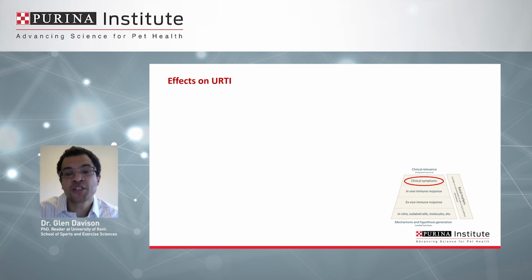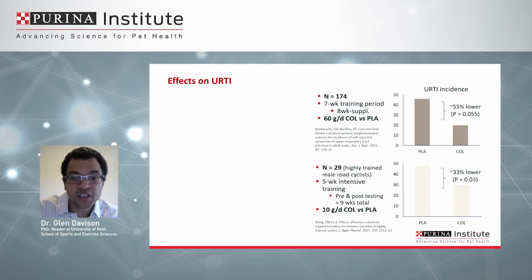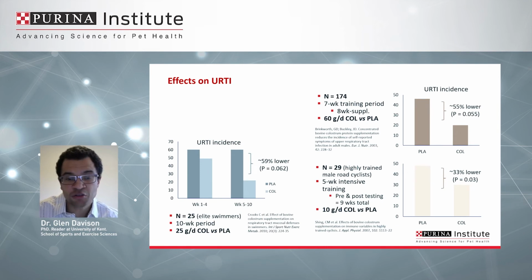The other thing that we can, of course, look at is clinical presentation itself. So whether or not an individual actually reports with a symptom. And here we're focusing on upper respiratory tract infection once again. And there have been a number of studies where they have examined this. So some of these you can see on the screen now.